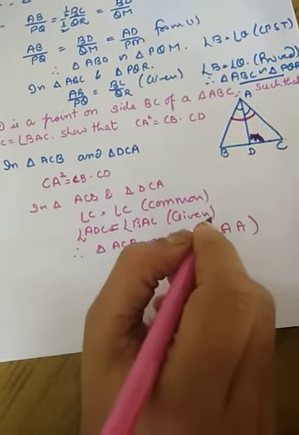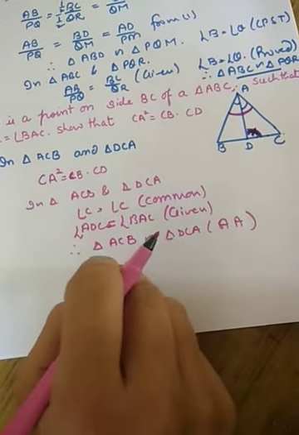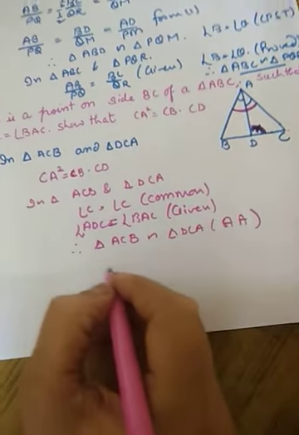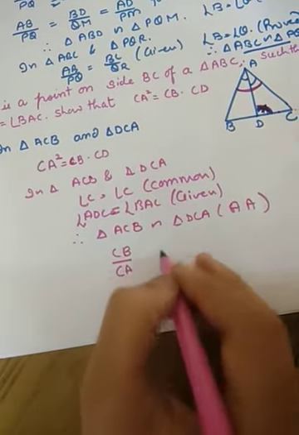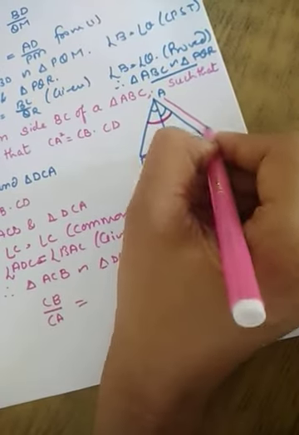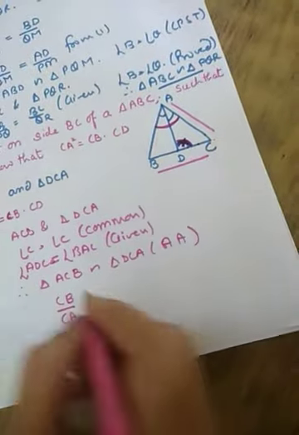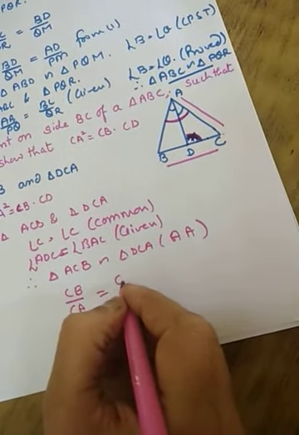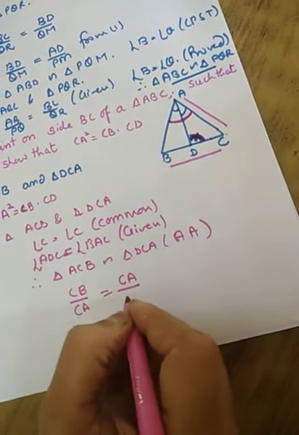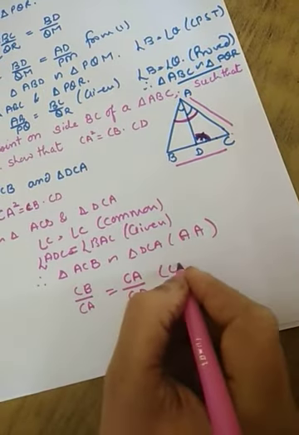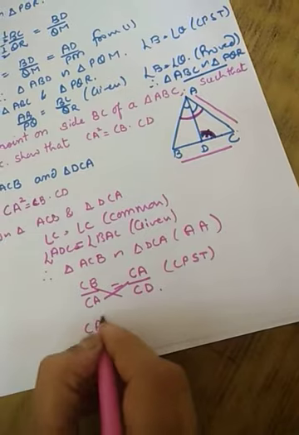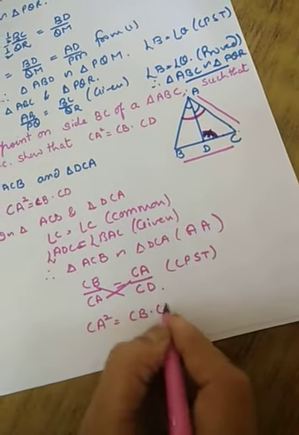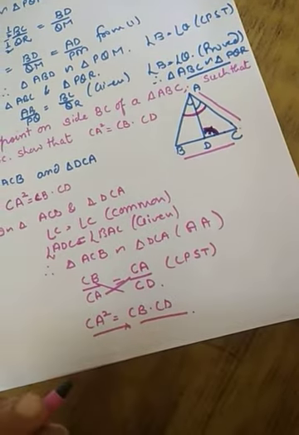Both these triangles are similar. So you have CB upon CA, the ratio of the big triangle's side to the smaller triangle's side, equal to CA upon CD. These are corresponding parts of similar triangles. Then cross multiplication will give you CA square equal to CB into CD.